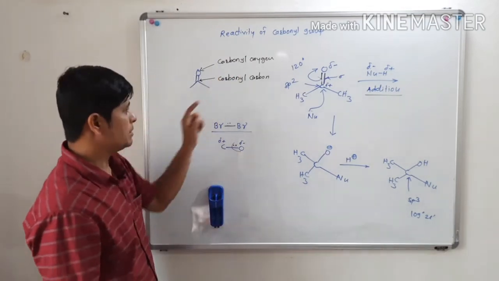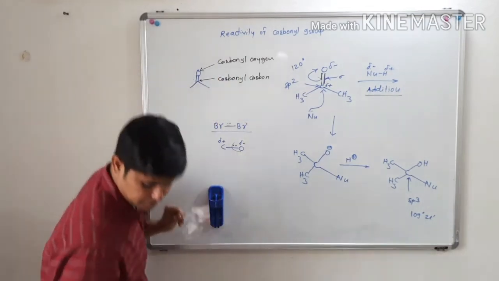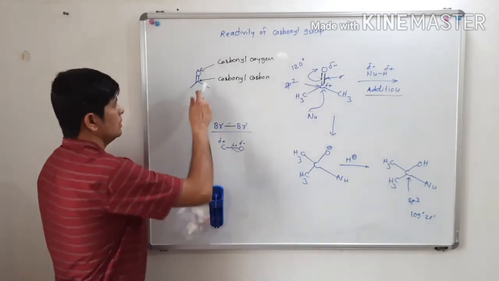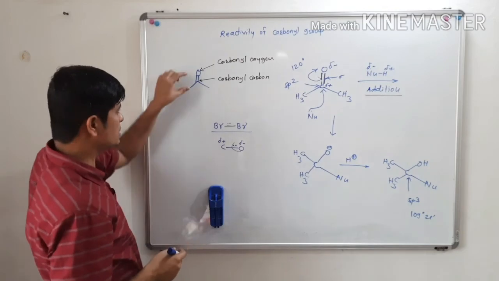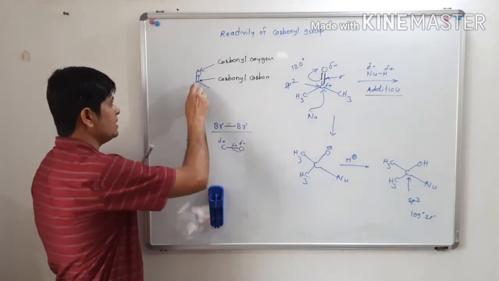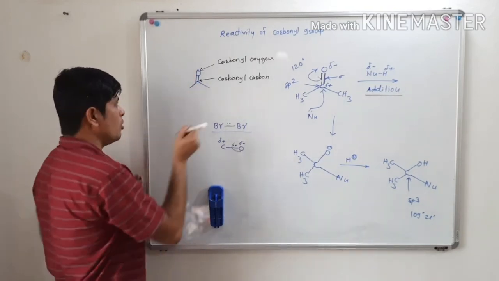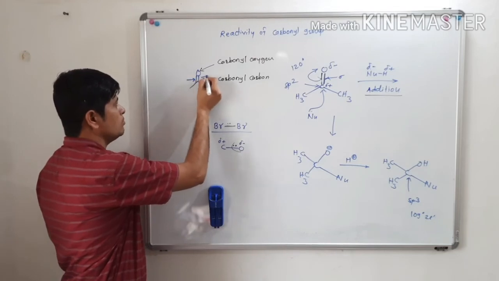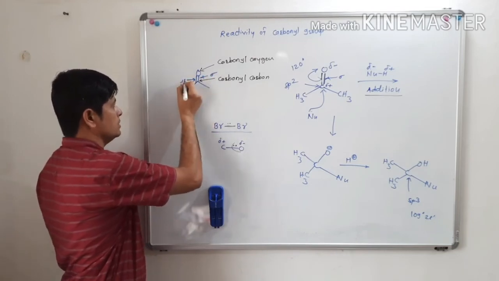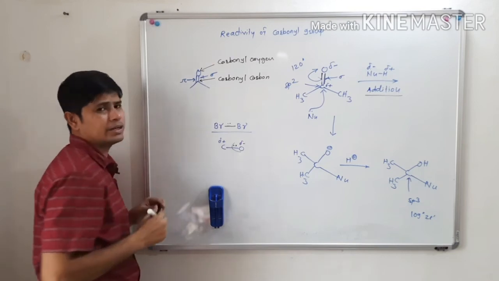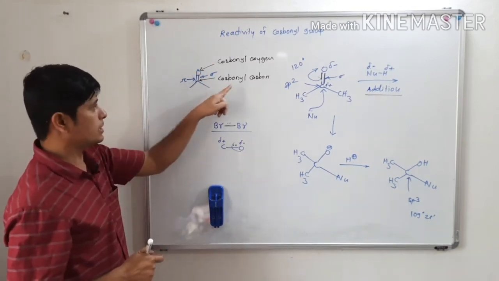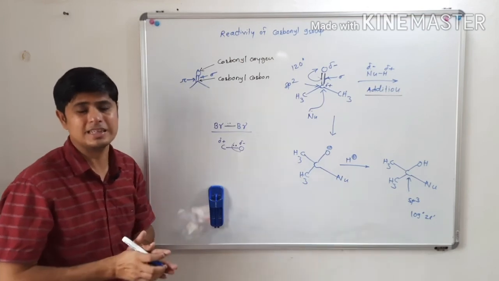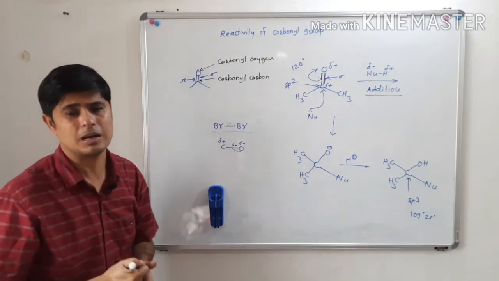Once again I am repeating it. See, this is a carbonyl group. This carbonyl group is having a carbon oxygen double bond, one bond is sigma bond and one bond is pi bond. So this is a carbonyl oxygen, this is a carbonyl carbon. So carbonyl carbon is electron deficient as compared to carbonyl oxygen.